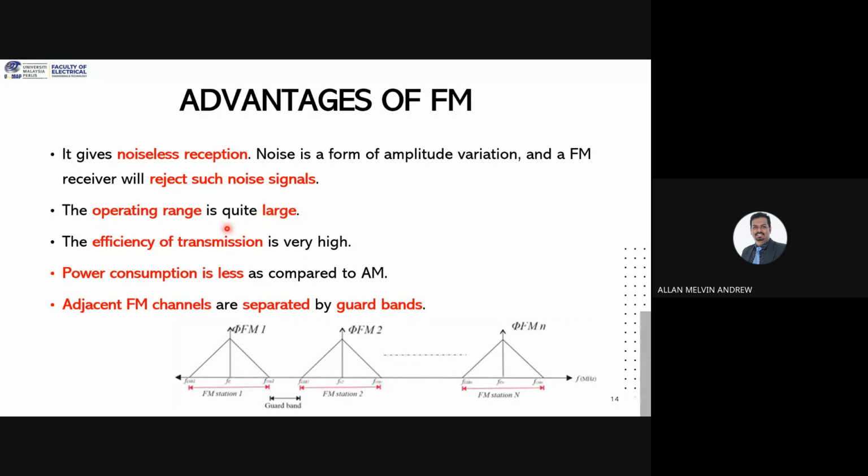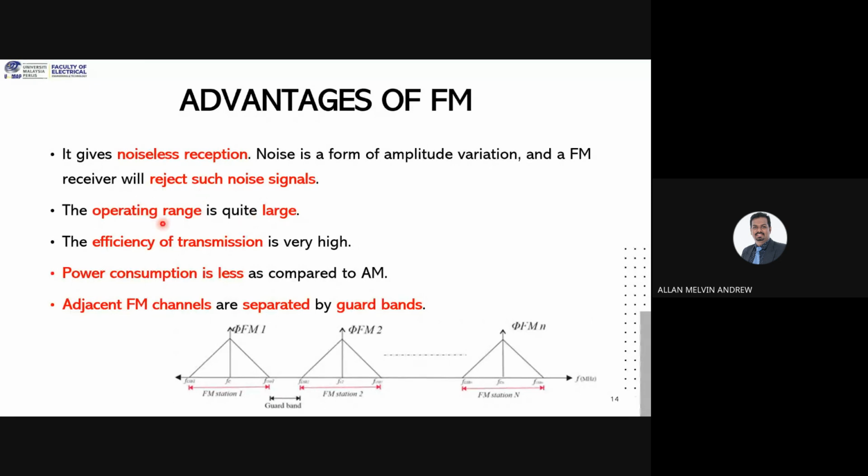Then the operating range is quite large. I can give the example of the radio. Between 88 megahertz and 108 megahertz, you can see so many channels, maybe 20 or 30 channels, each using a particular frequency. If you want to listen to a radio channel, you just need to turn to that particular frequency, then you can already hear.